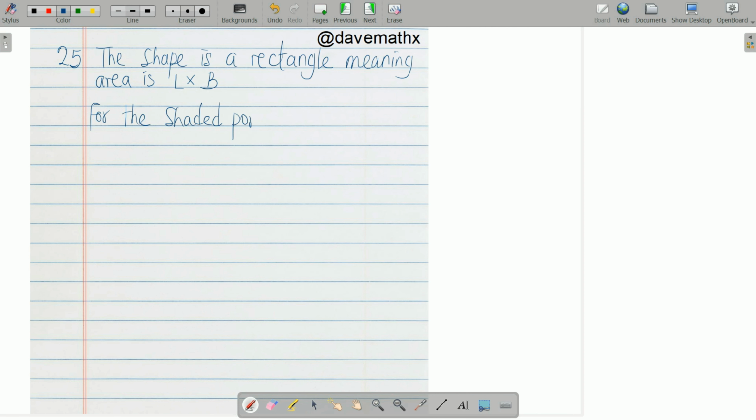First we solve for the shaded part, which is 30 centimeters by 12 centimeters. And after, we solve for the unshaded part, which is 10 centimeters by 8 centimeters.